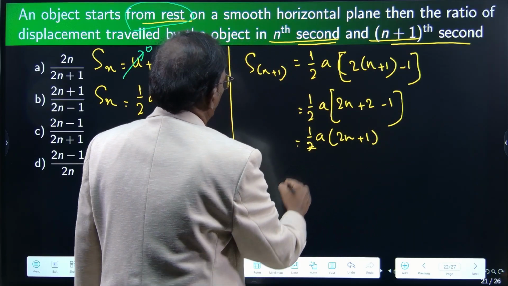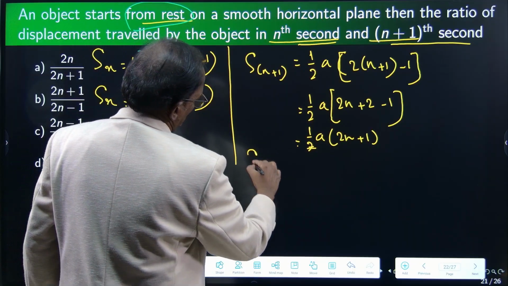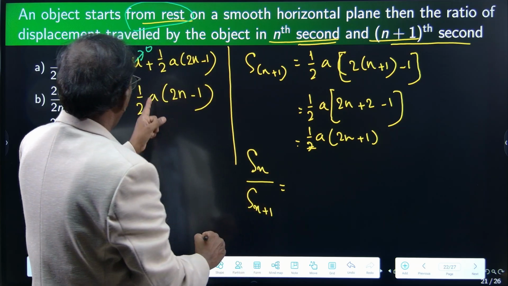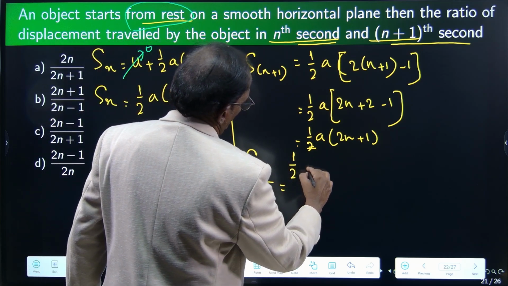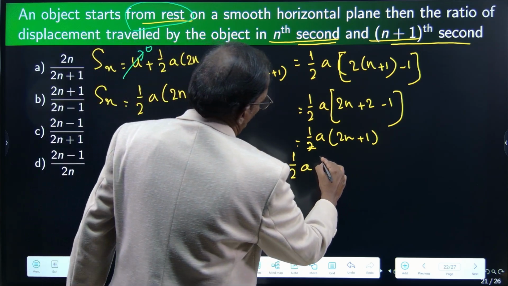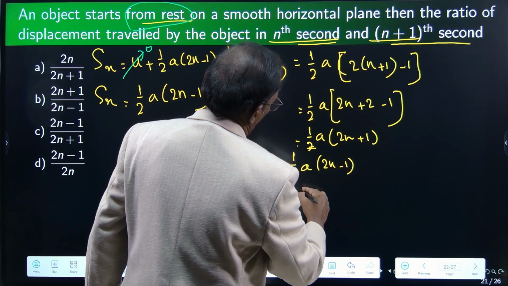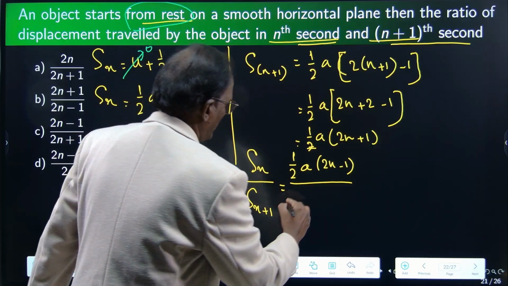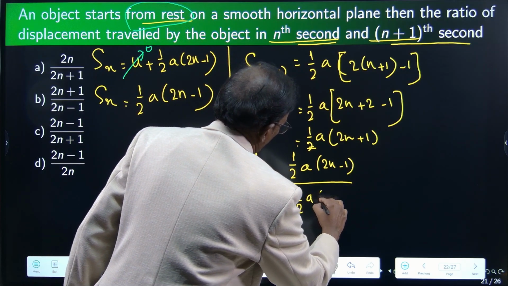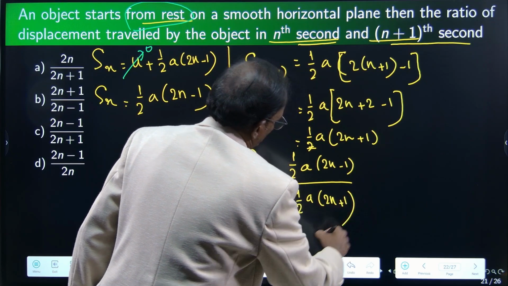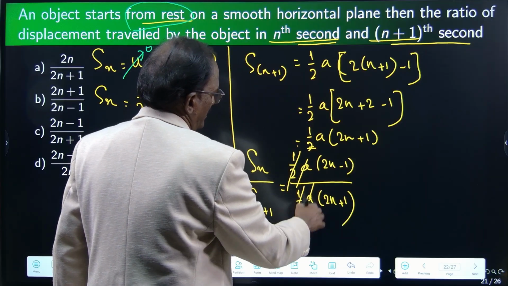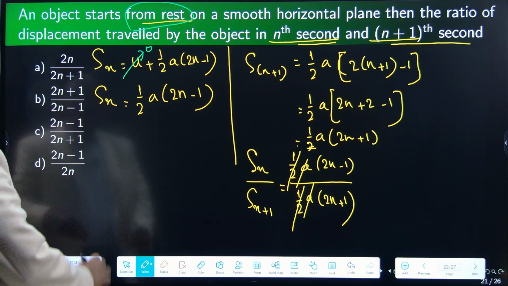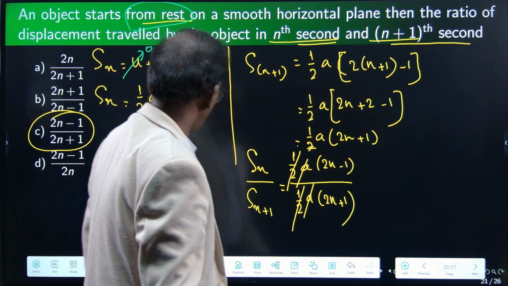So the ratio we have to find: Sn divided by Sn plus 1 is a by 2 into (2n minus 1) divided by a by 2 into (2n plus 1). So 2n minus 1 divided by 2n plus 1. Option C.